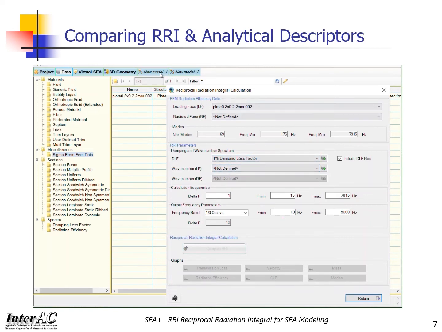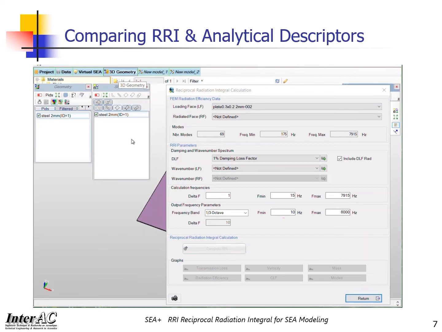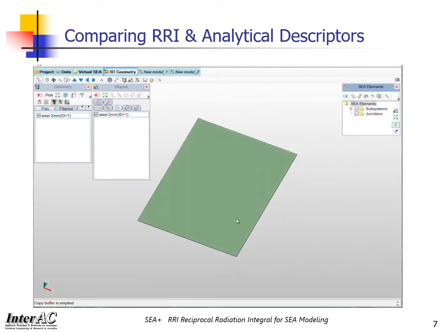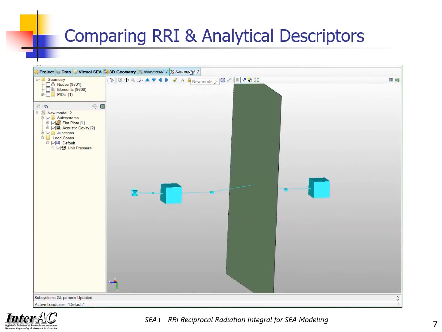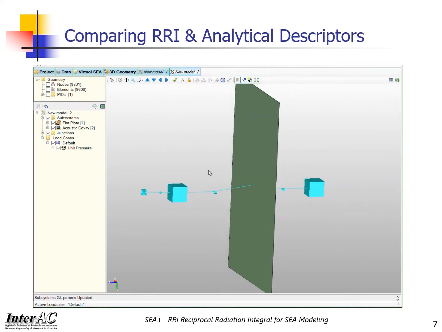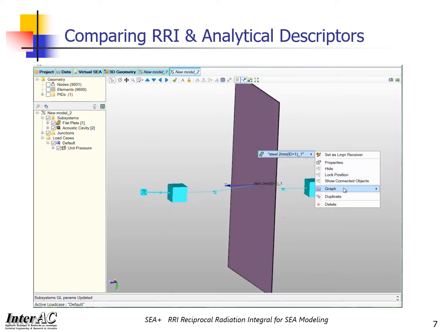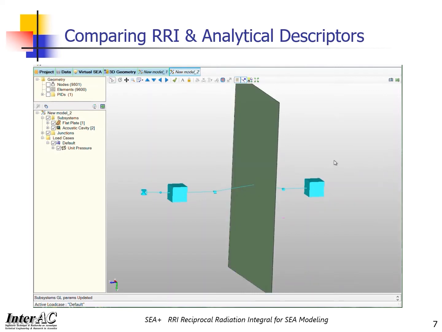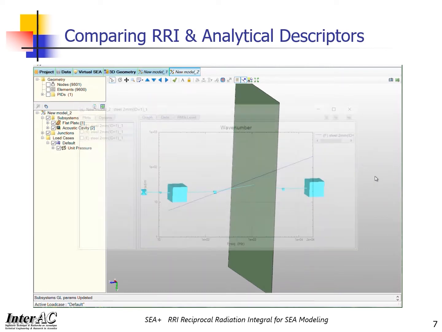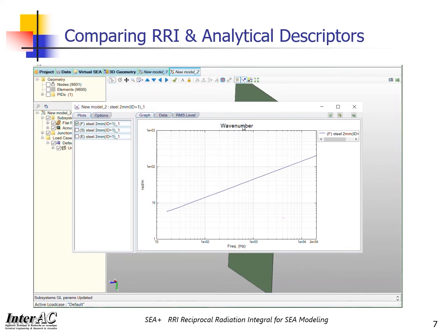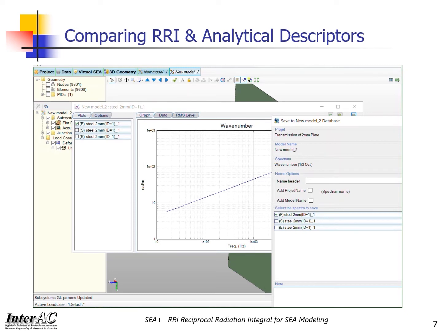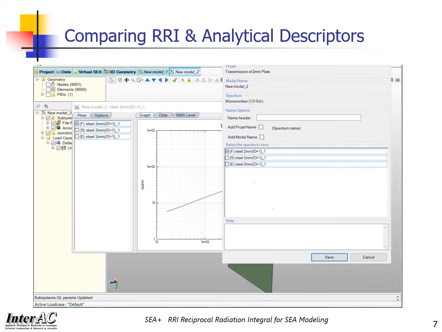So I need to go back to my model here and the window here, and then I will graph the wave number of the structure and plot it here, then send the result to the database. Save.